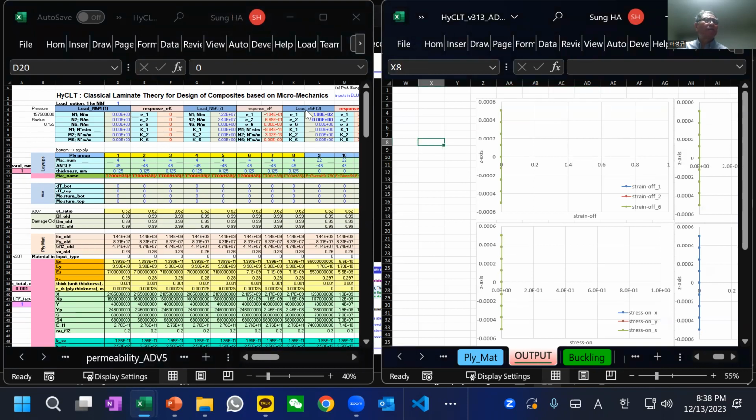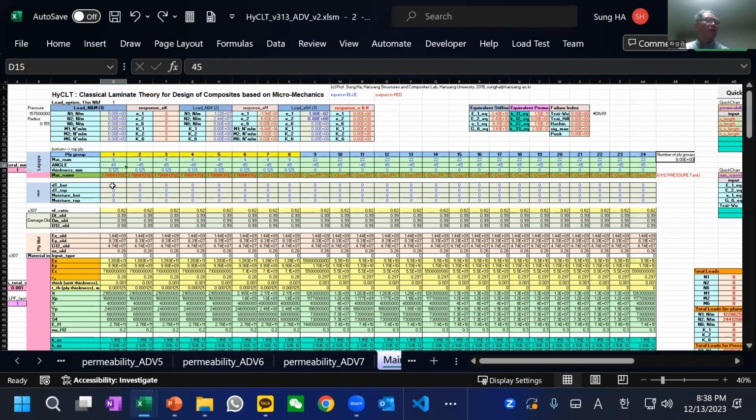Now, as I mentioned, we'd like to enter the temperatures. The unit would be degrees Celsius. Let's first take a look at the layup sequence.